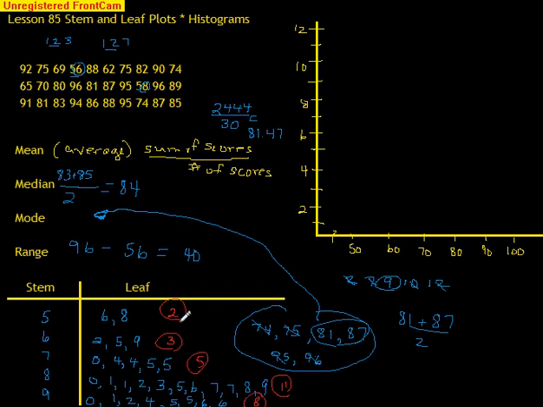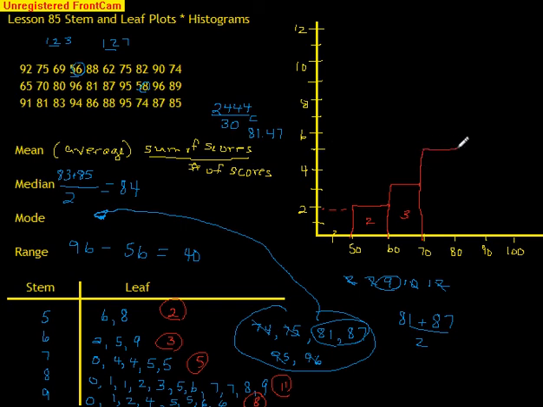So we're just going to plot them on here. So here's our histogram. Between 50 and 60, we have 2 numbers, so you just make a little rectangle lining up with 2 here between 50 and 60. And then we have 3 between 60 and 70. Next one is 5 between 70 and 80, so we'll just take this right up here to 5.